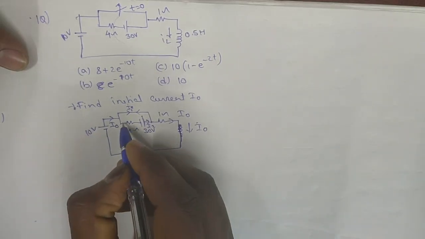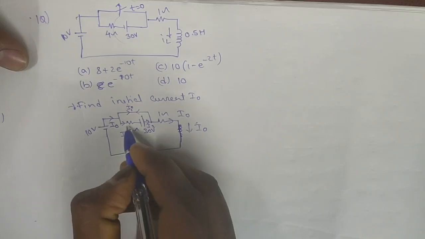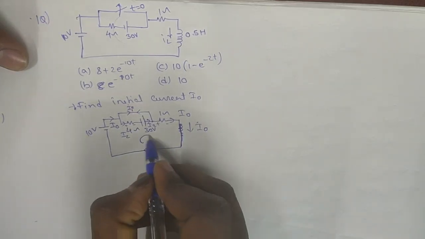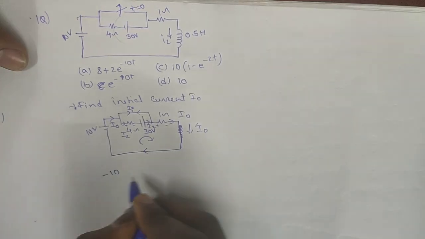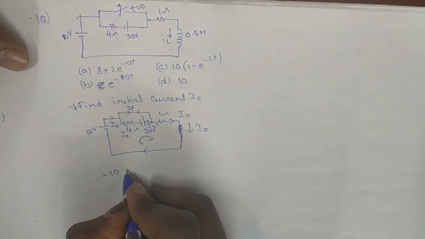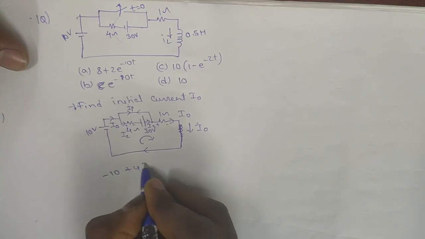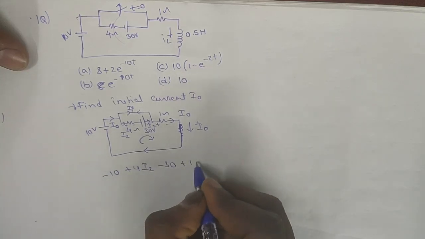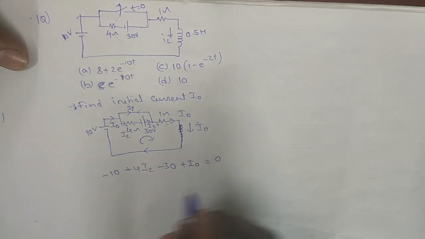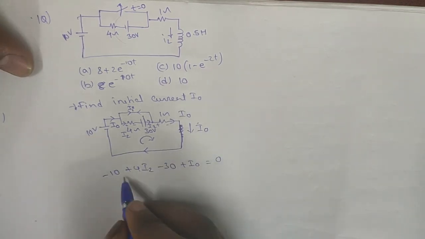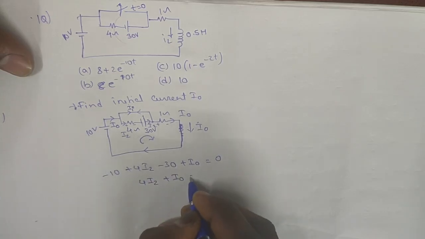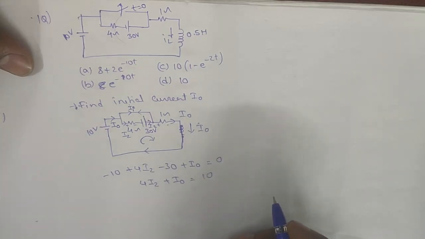So the current I2 will be flowing with these positive, negative polarities. If we apply KVL here, minus 10 plus 4 I2 minus 30 plus 1 I0 is equal to 0. So this will be 4 I2 plus I0 is equal to 10.